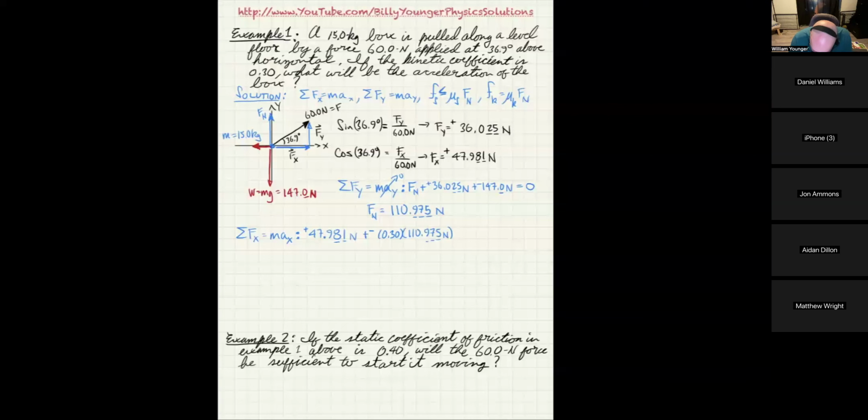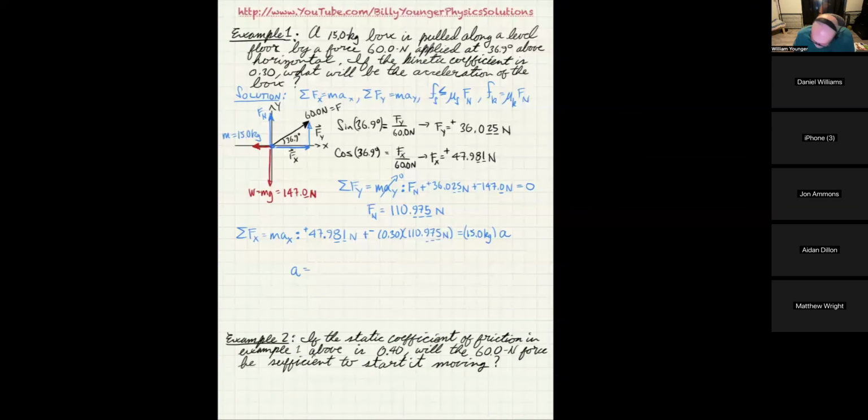newtons. And then all that is equal to the mass of the box, which is 15.0 kilograms, times the acceleration in the x direction, which is the only acceleration we're dealing with. So that's the a that I've got to solve for.